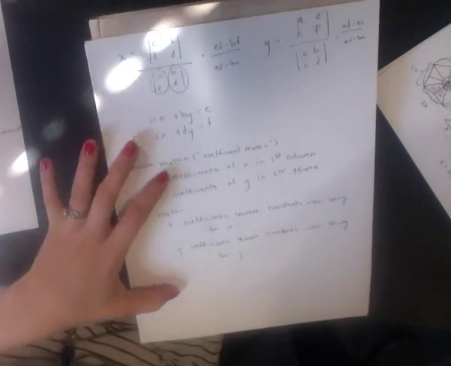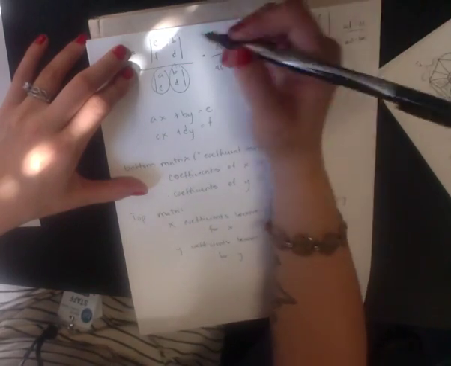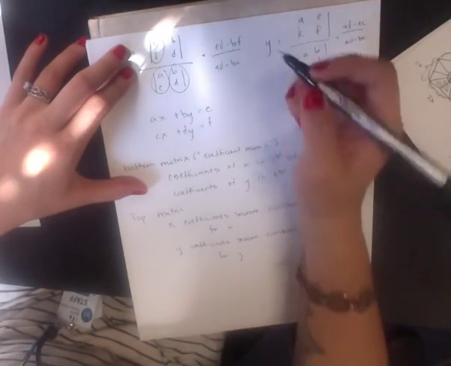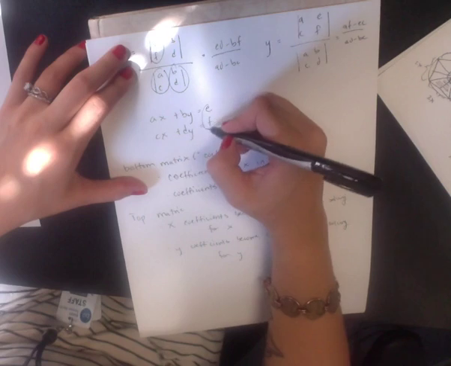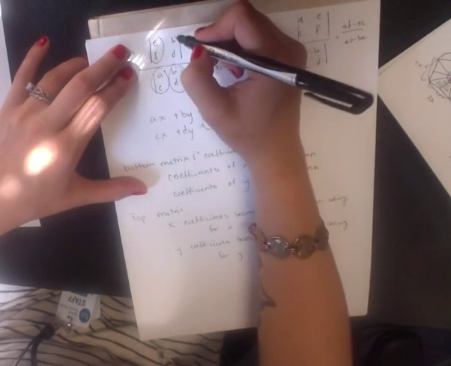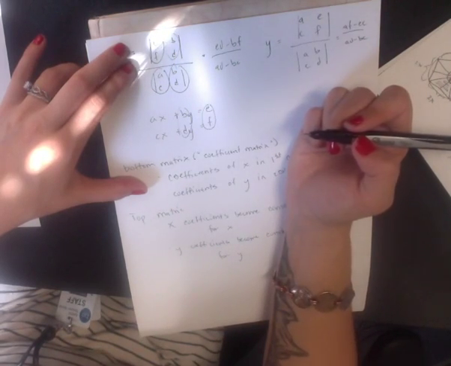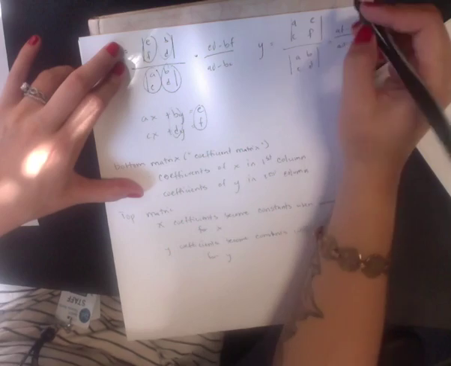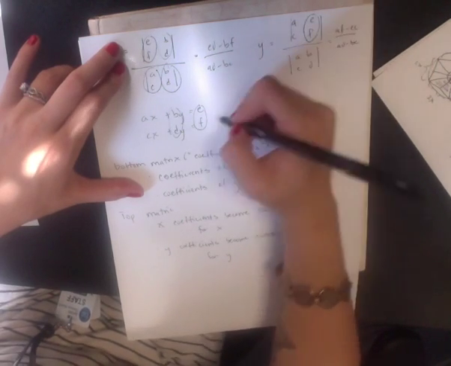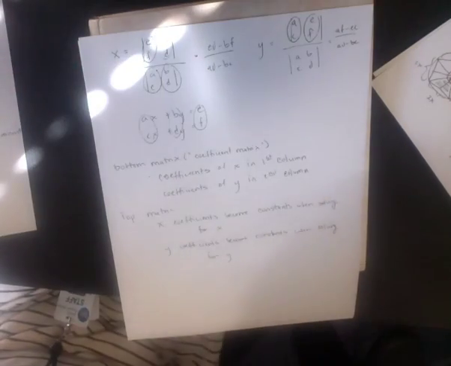What does that mean? If we look at x, notice that my first column is the answers. The second column is the coefficients of y. If I look at solving for y, the second column is my answers, and the first column is the coefficients of x.